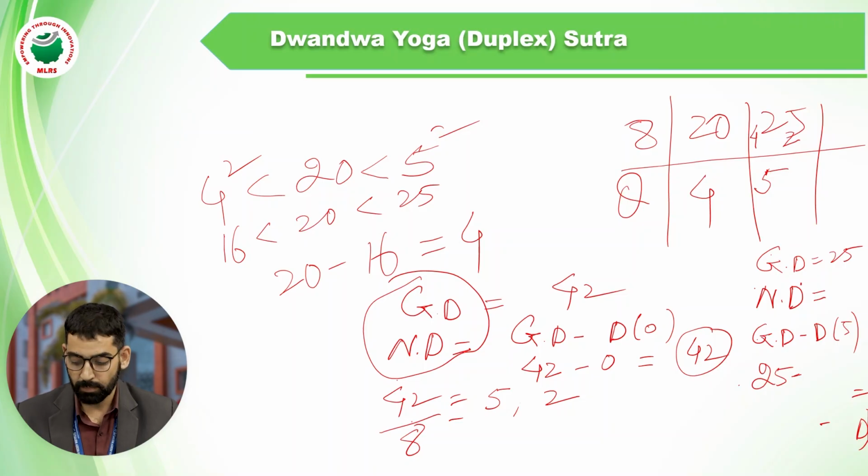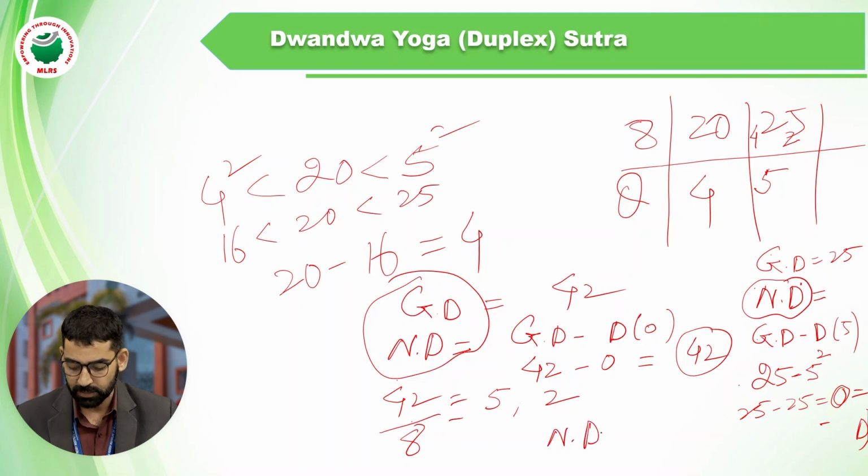Remember that the duplex of a single digit number is the square of the given number. So duplex of 5 is 5 square, that is again 25. 25 minus 25 equals 0. So 0 is the value of net dividend. Again we have to divide this net dividend by the divisor, that is 0 by 8.